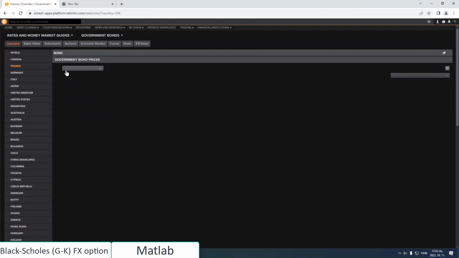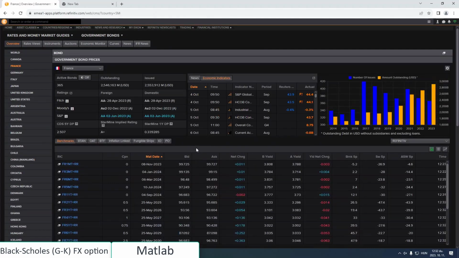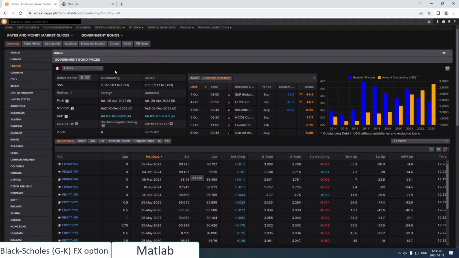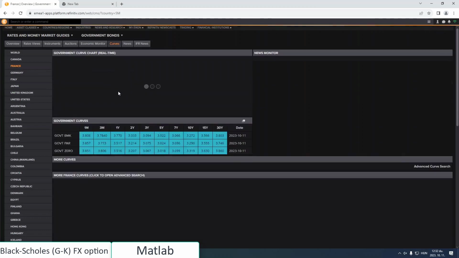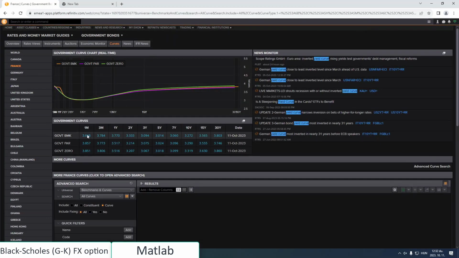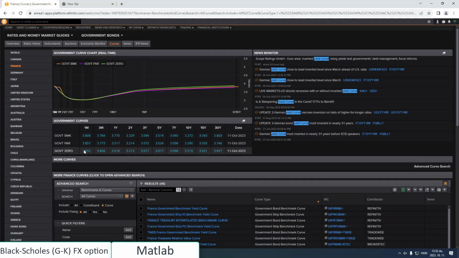So yeah, it will be a bit faster. Yes, we have data now, and then we can see the curves, yield curves, and the zero rates. Last time it had a different setup.